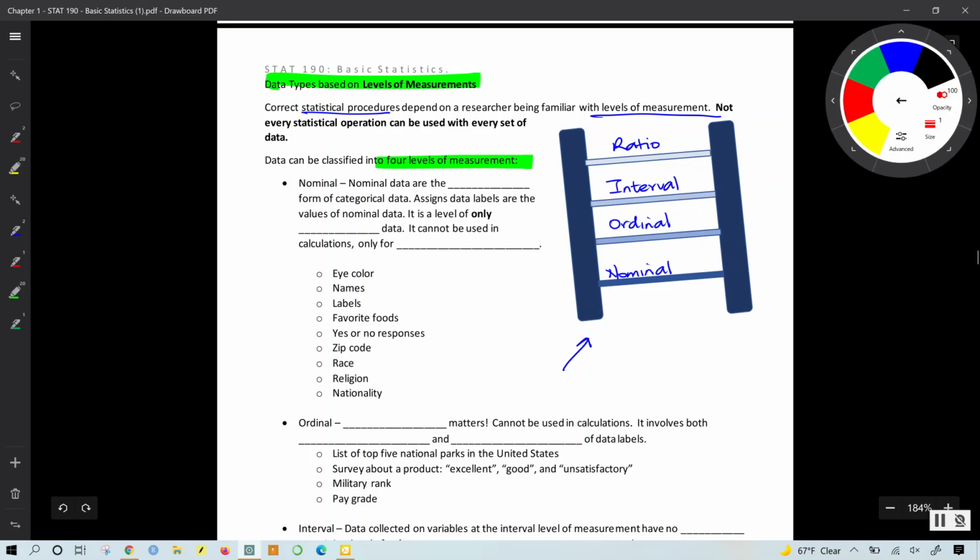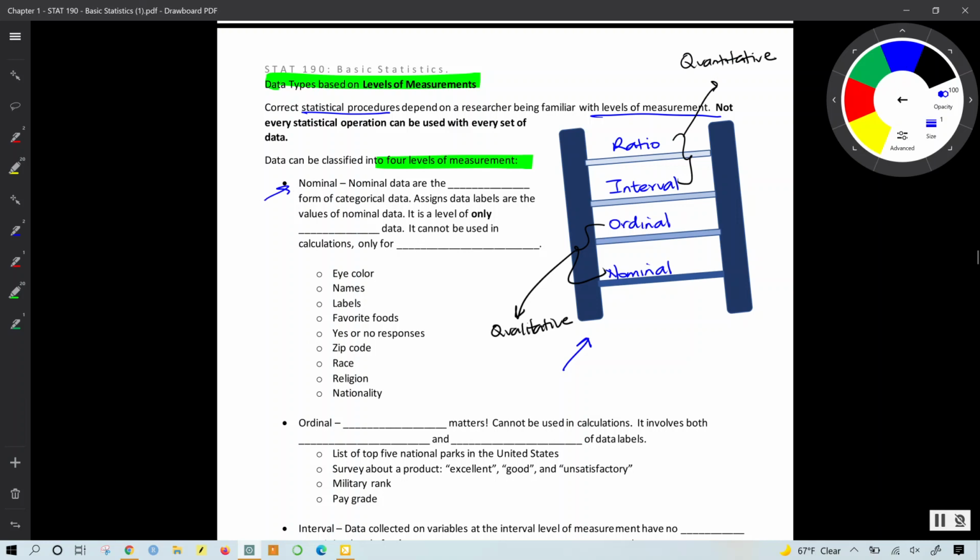So to begin with, you want to note that the first 2 pertain to qualitative variables, and the last, or the upper 2, pertain to quantitative variables.